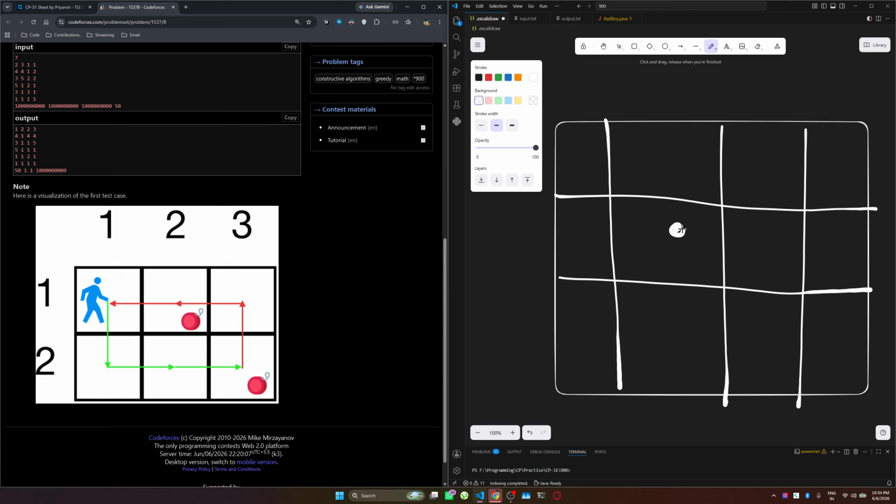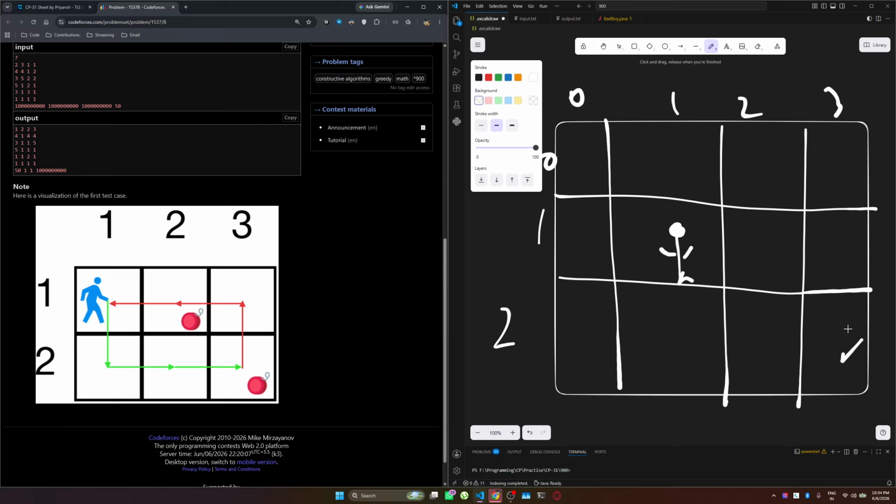Let's say Anton starts here. All right. So this is 0, 1, 2, 3, 0, 1, 2. So Anton starts at 1, comma 1. Okay. Now, where shall we place the yo-yo? As you can see, the furthest away cell is still the bottom right cell.